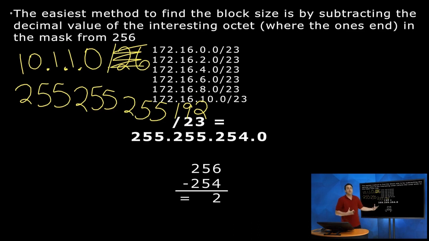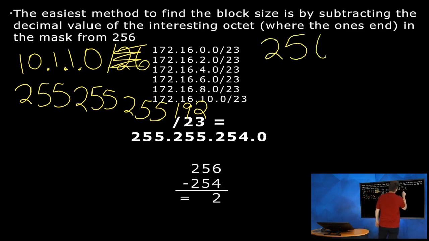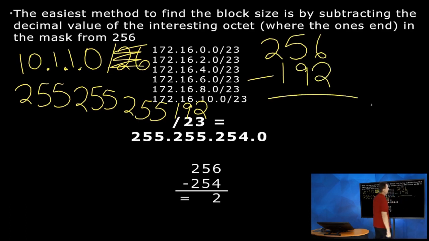Well, in this case, this is going to be the perfect time to use our new shortcut. So 256 minus 192, and what does that equal? Well, 6 minus 2, last time I checked, was 4. I don't even have to take my shoes off for that one. And then 25 minus 19, or if you want to go the 2, the 1, the 15. Ooh, that's a nice little 6 there. So 64. So the block size is 64.